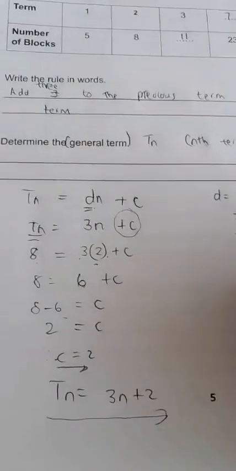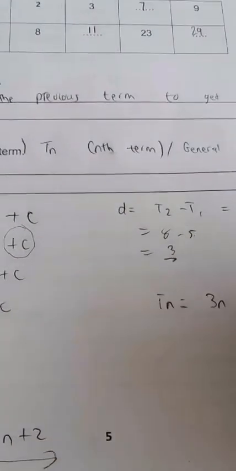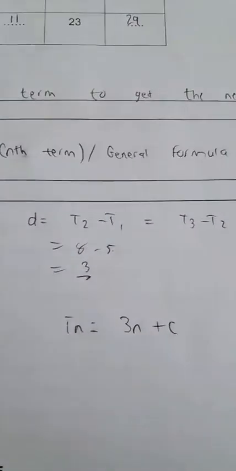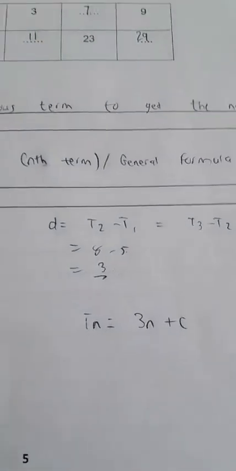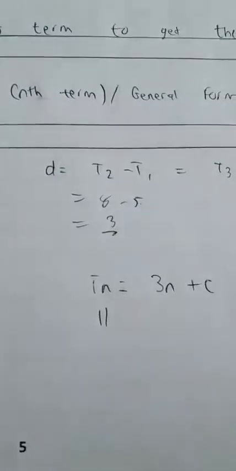So we can take any value of any term and its position. I'm just going to repeat this and take another value of the term so that you can see that I can calculate the value of C using any value of the term. Let's just say I take the value of the term 11. That means in the place of Tn, I'm going to substitute 11.